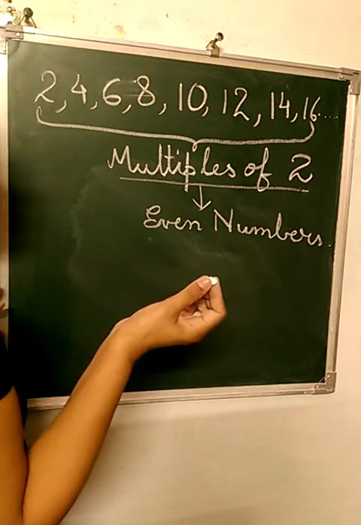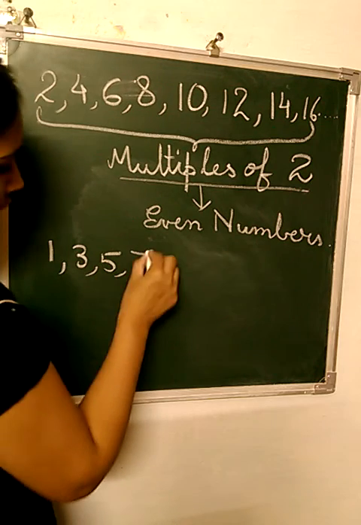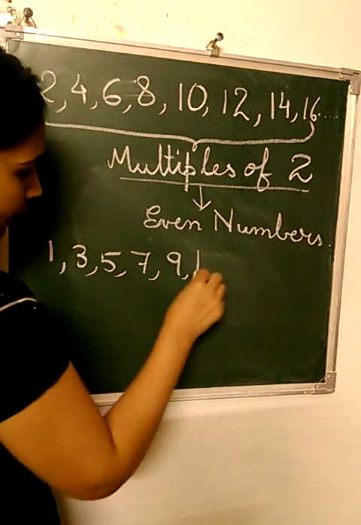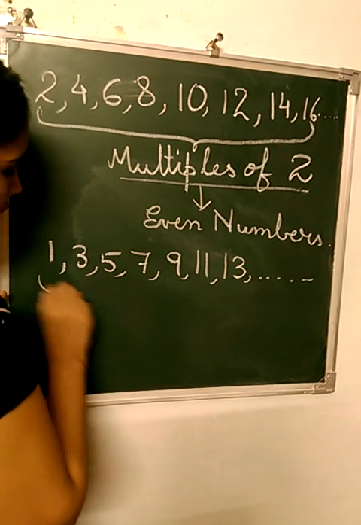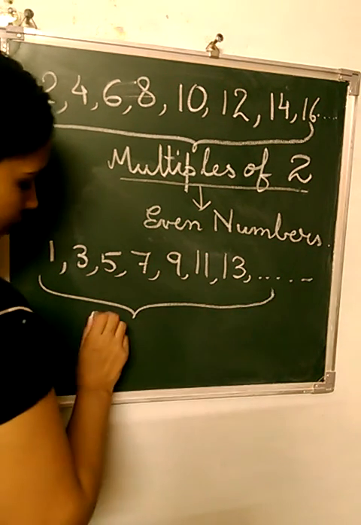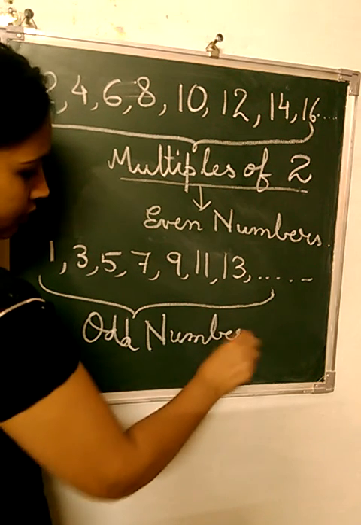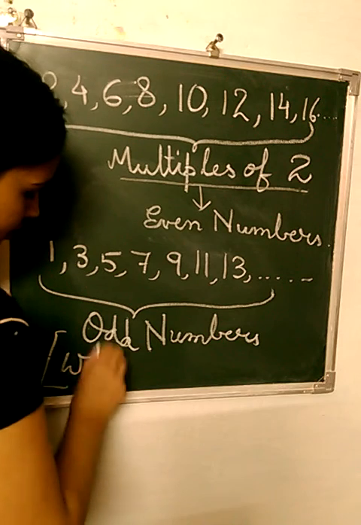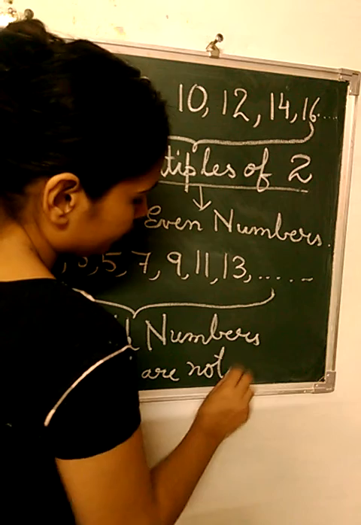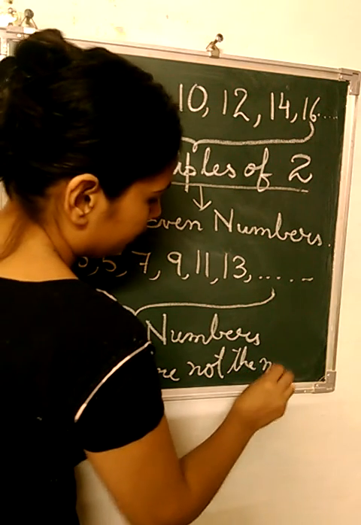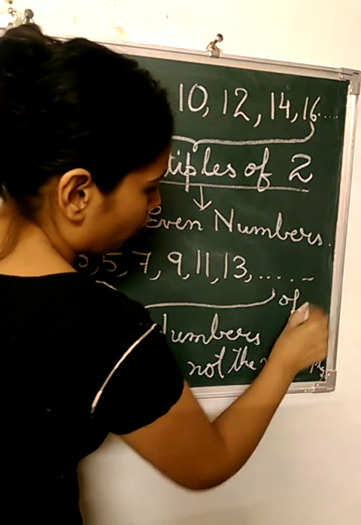Now the numbers which are not multiples of 2, that is 1, 3, 5, 7, 9, 11, 13 and so on, are known as odd numbers, which are not the multiples of 2.